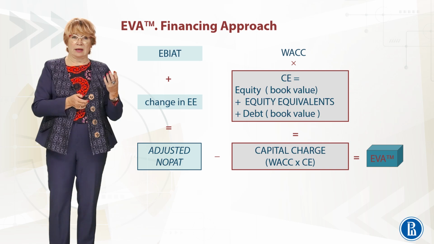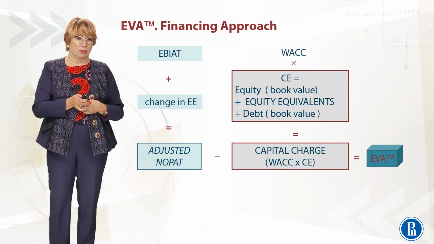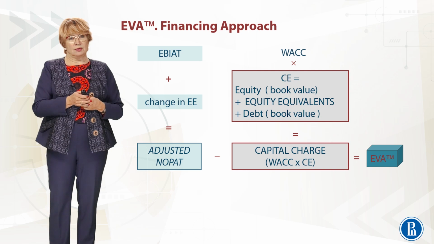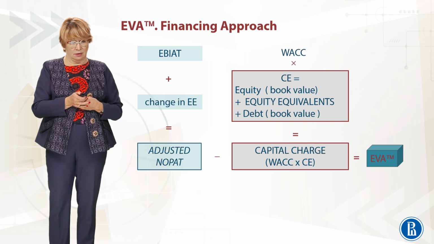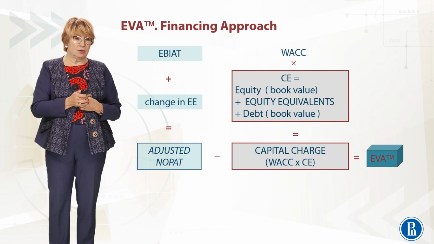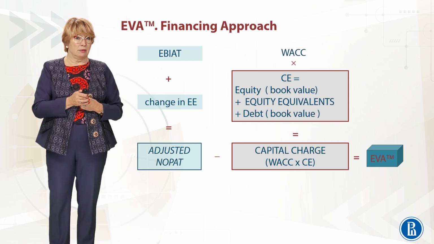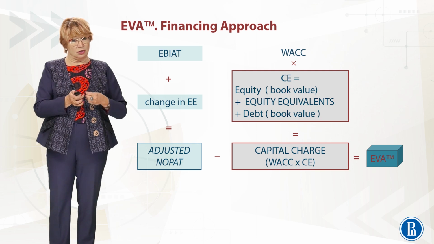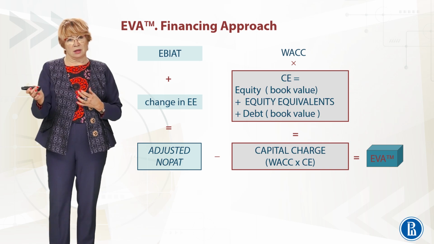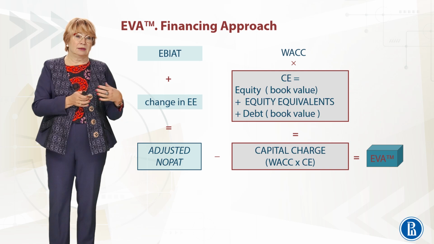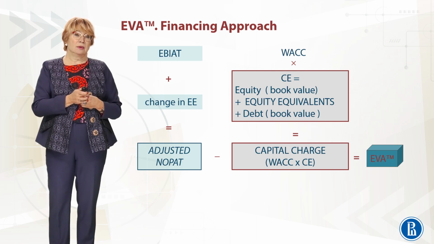So you see from the title of that slide that this is the so-called financing approach, how we're going to use the equity equivalents when computing economic profit, the EVA conception. We will adjust capital employed by adding equity equivalents for that particular year, and we will adjust net operating profit after tax by adding the change in equity equivalents, or the difference between current year equity equivalents and last year equity equivalents.